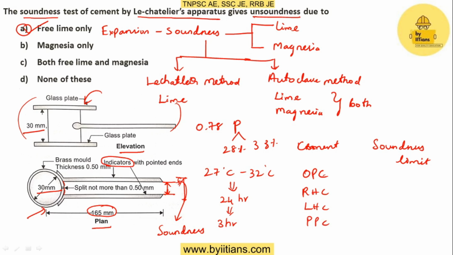RHC is nothing but rapid hardening cement, LHC is low heat cement, and PPC is Portland Pozzolana cement. For these types of cement, the soundness limit should be less than 10 mm. Okay, which means this expansion should not be greater than 10 mm. If it is greater than 10 mm, then we should not use that cement.